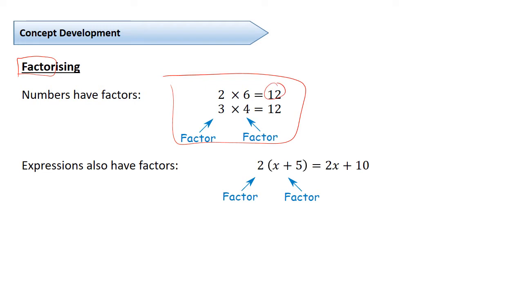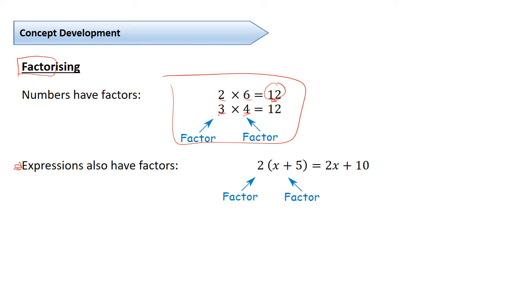So, for example, factors of 12 would be 2 and 6, because 2 times 6 equals 12. Also, 3 and 4 are factors of 12, because 3 times 4 is equal to 12. Nothing super new for us, but what we're looking at today is expanding our idea of factors to algebraic factors.